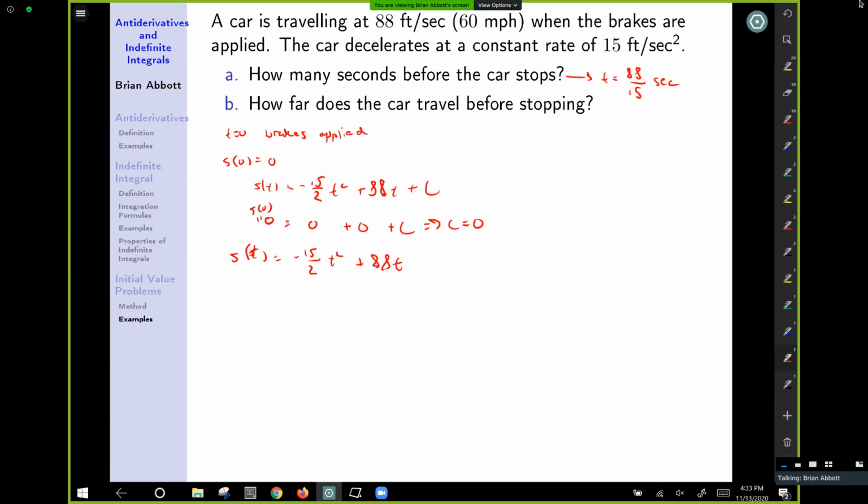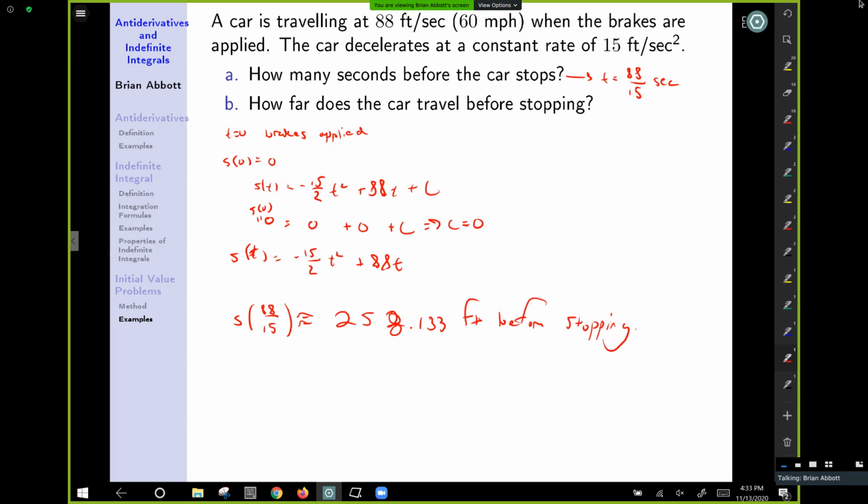So this becomes a game of just plugging in s of 88 over 15, the time it takes for the car to stop, which will give us the position if we start counting at 0. Leveraging the power of a calculator, 258.133 feet before stopping is how far our car travels.